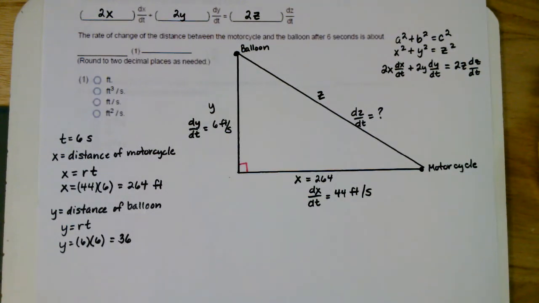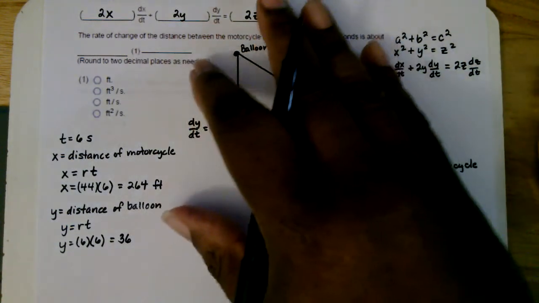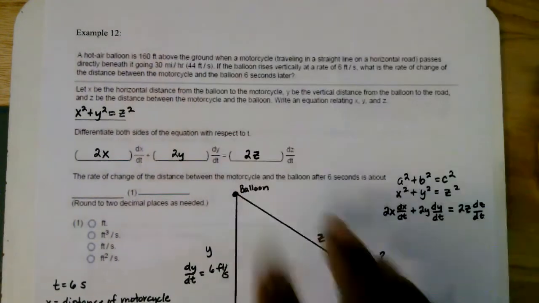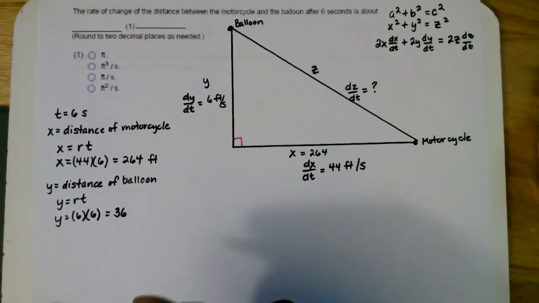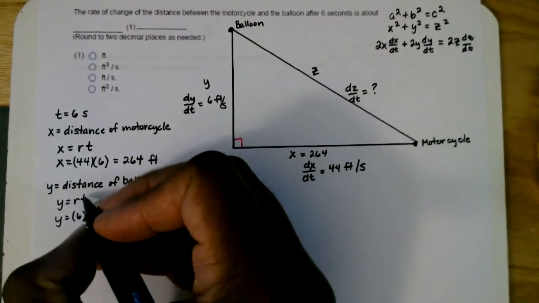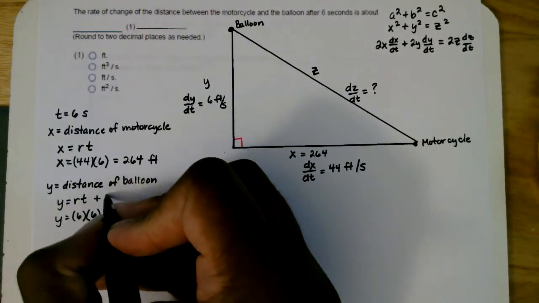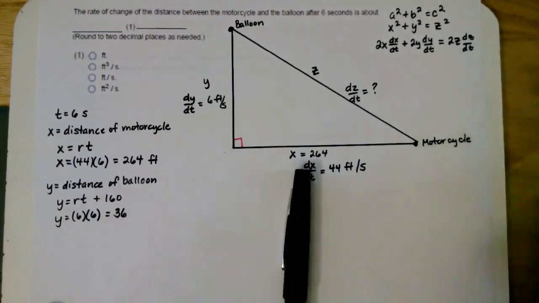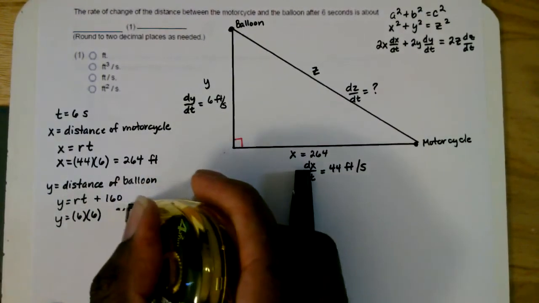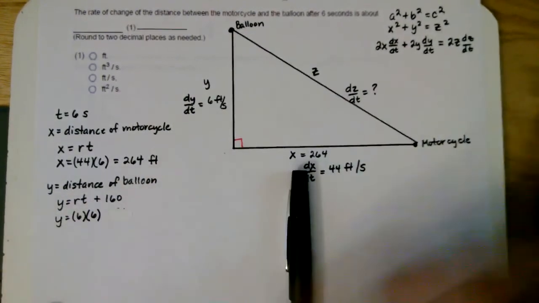Because if you look at it, that hot air balloon is already 160 feet above the ground. So we need to add that 36 to the 160. Okay, so this will be plus 160. And I might as well do this on the next line right here. That's 6 times 6.